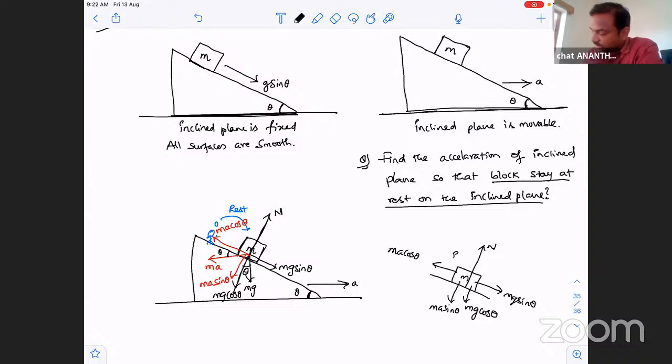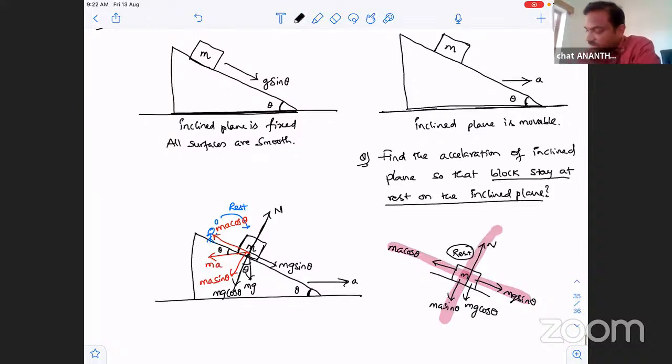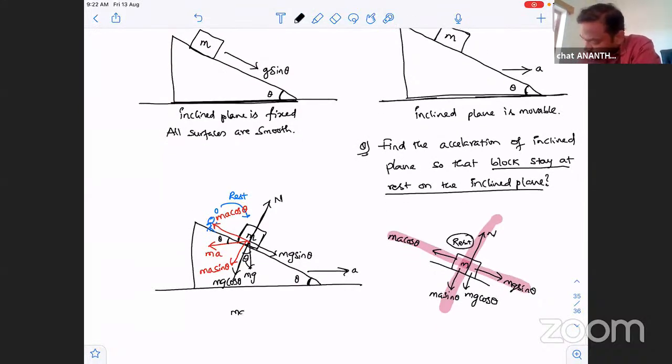Okay? The object is at rest. Object at rest means all forces should cancel out. Down the inclined plane cancels with up the inclined plane, and the normal reaction is equal to mg cos theta plus ma sin theta.